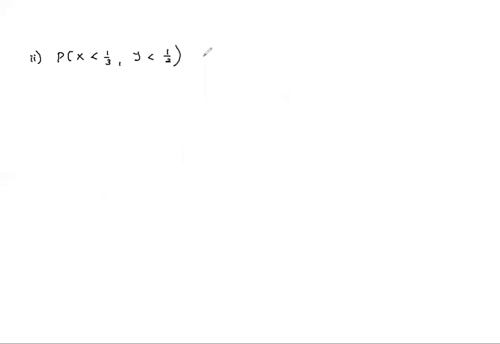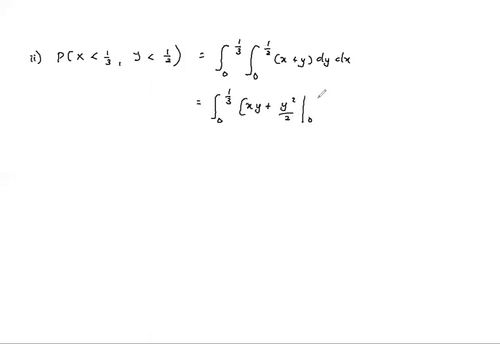It means that we have to move from 0 to 1 over 3 for x, from 0 to 1 over 2 for y, and the function is just x plus y, dy dx. So we have from 0 to 1 over 3, xy plus y squared over 2. It's moving from 0 to 1 over 2, dx.